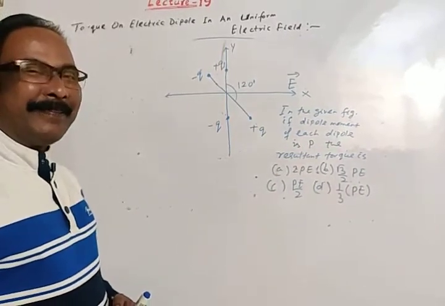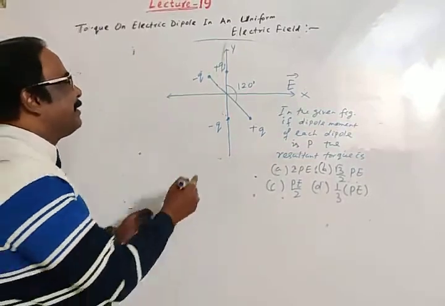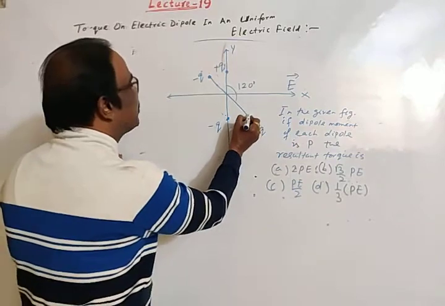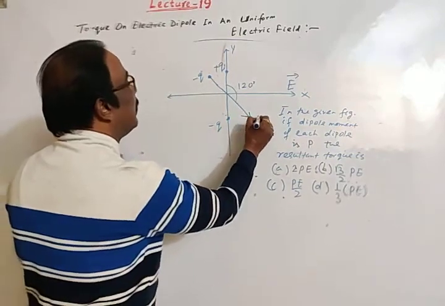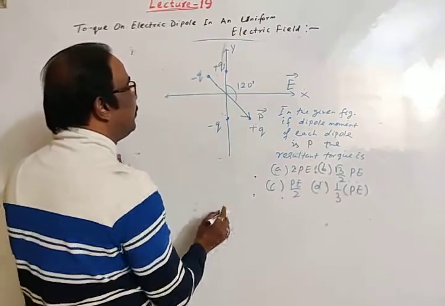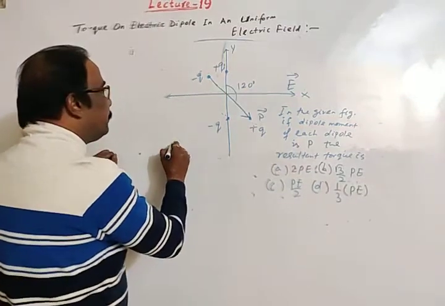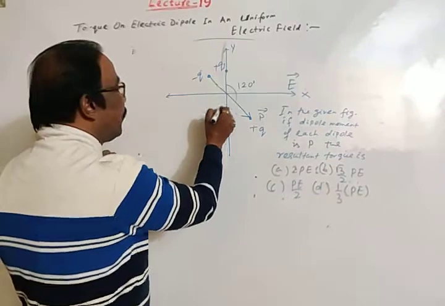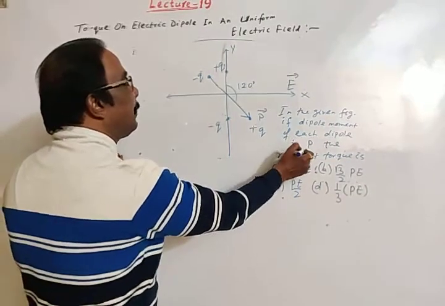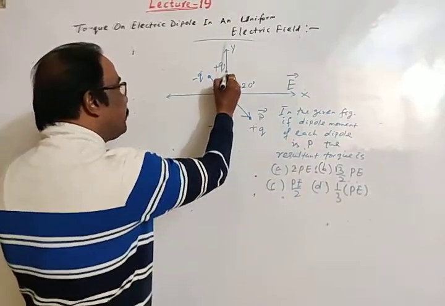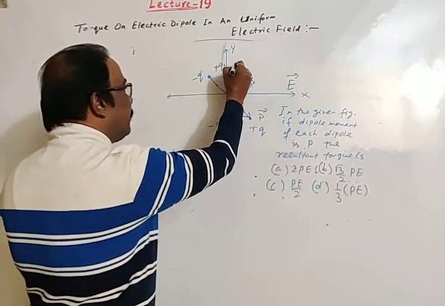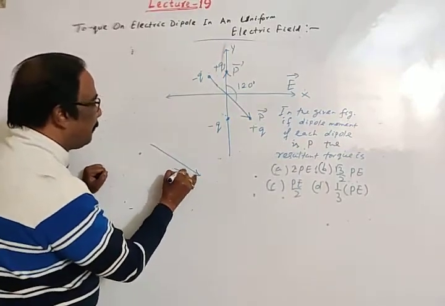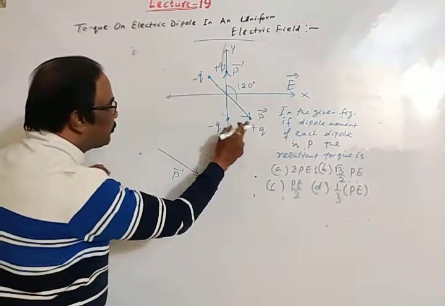Okay. See it. This is minus Q, this is plus Q. So this is the direction of the dipole moment. Let this dipole moment be P. Minus Q plus Q. So this is also minus Q and plus Q. So each dipole moment is P. This is minus Q, this is plus Q. Again the dipole moment is P. This is dipole moment P along this direction.